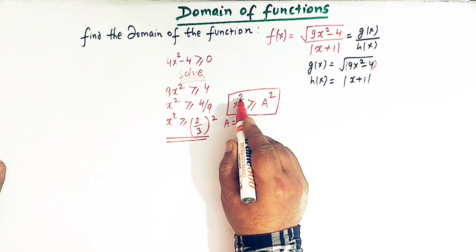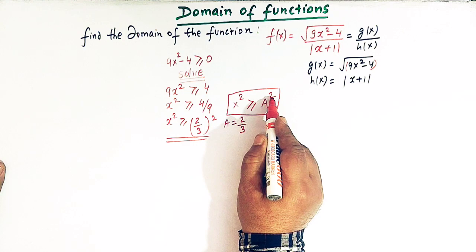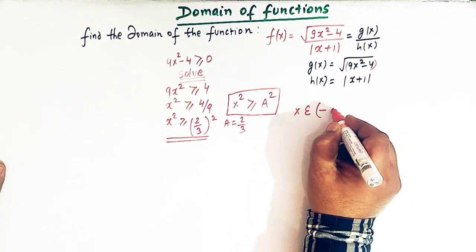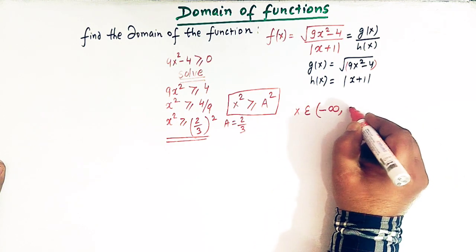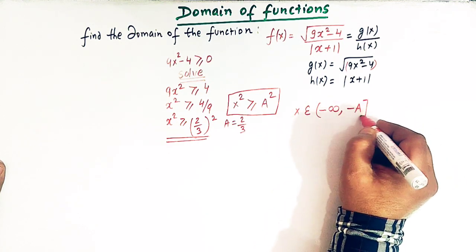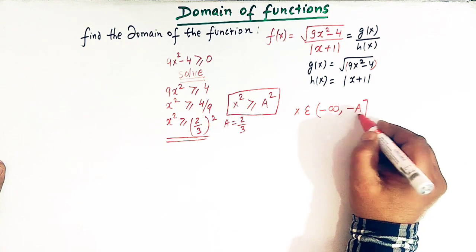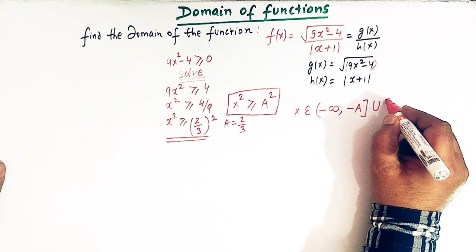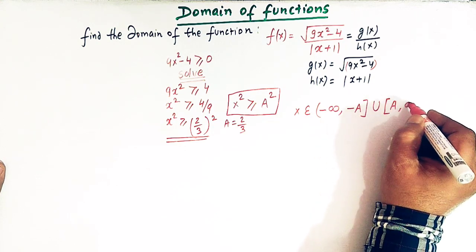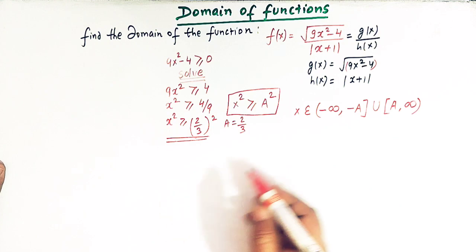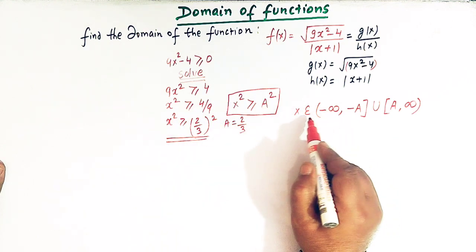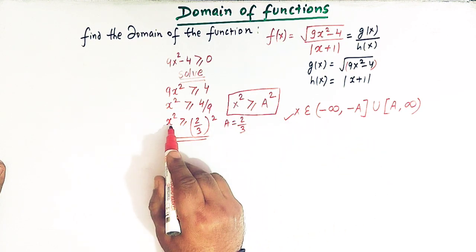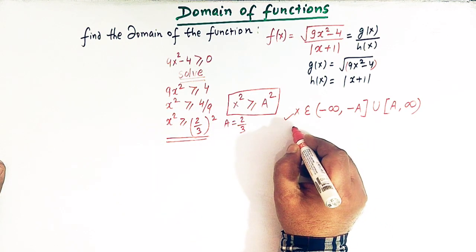When x square is greater than or equal to a square, then x belongs to this interval, from minus infinity to minus a, and here minus a, that is this point, is also included, and union, and then we have a to infinity, right?